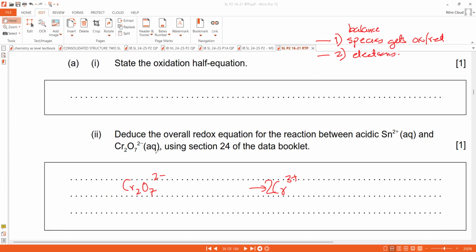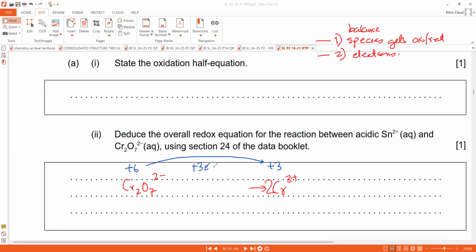How do you find out how many electrons are lost or gained? Check the oxidation number of that atom on both sides. So chromium here is +6 and here is +3. So it's going from +6 to +3, which means it is decreasing. So we were right that it is getting reduced. And because it's dropping from +6 to +3, this is gaining 3 electrons.